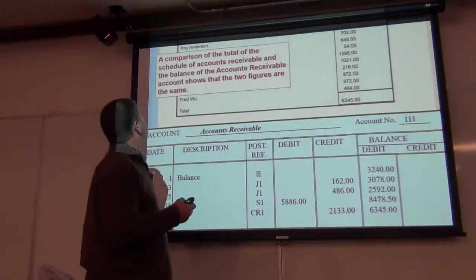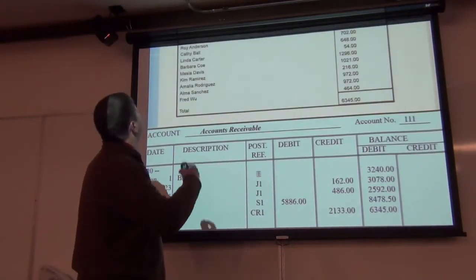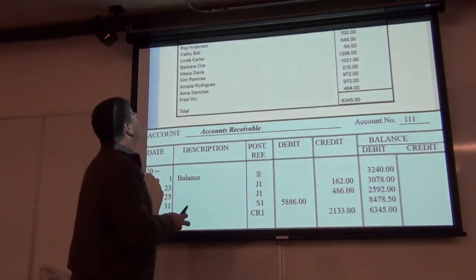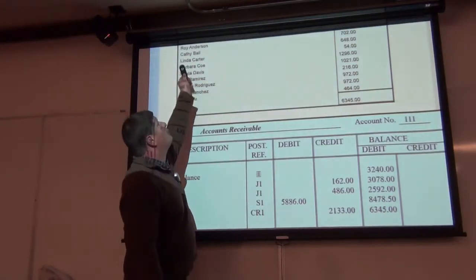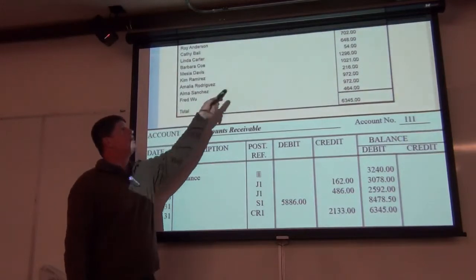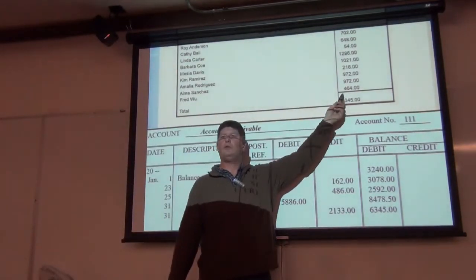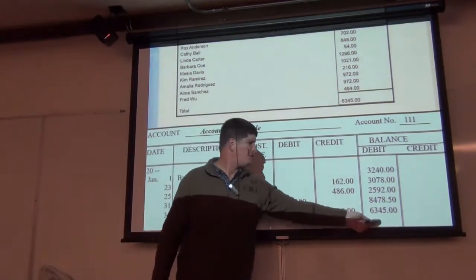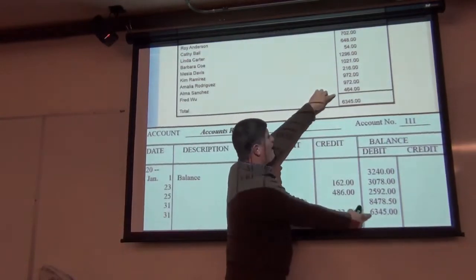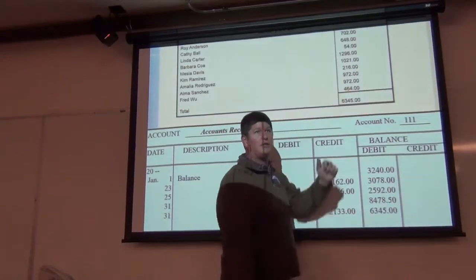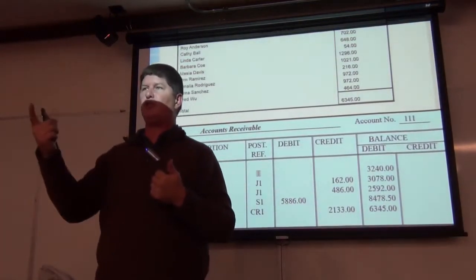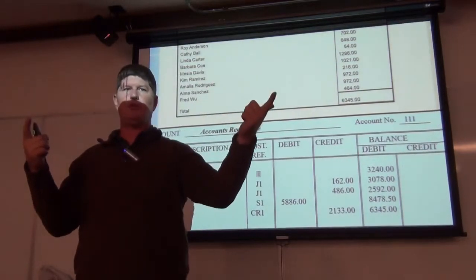You create a schedule and list all your customers and their balances, and do the total. You find your general ledger account for accounts receivable, find the ending balance, and make sure that the two match. That's proving your subsidiary ledger for accounts receivable matches your general ledger.